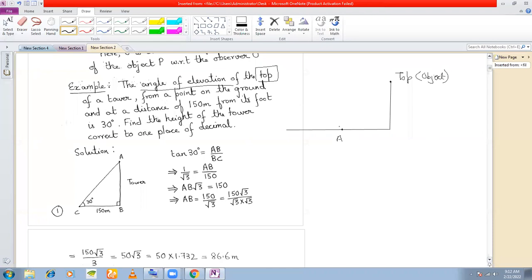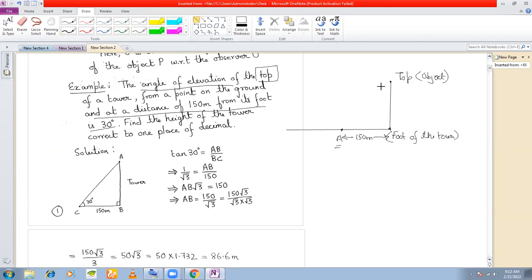Now, this point A, what have they said? That the angle of elevation of the top of the tower from a point on the ground, which is A, is at a distance of 150 meter from its foot. Which one is the foot of the tower? This point is the foot. So the distance of A from the foot of the tower is given to be 150 meters, and the angle of elevation here is given to be 30 degrees.